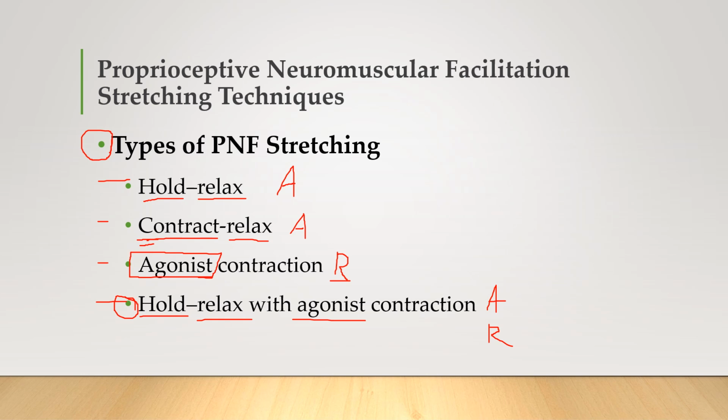So use your quadriceps to extend your knee. So you're getting both reciprocal inhibition, firing the agonist, the quadriceps muscle group, and the autogenic inhibition, firing the hamstrings. So it's a combination of both.